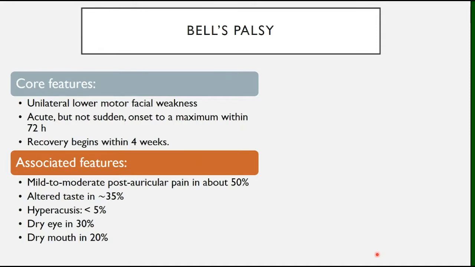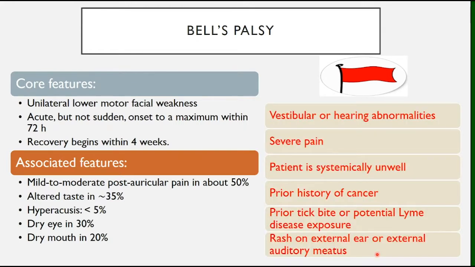So you'll have altered taste, and you can have hyperacusis because of the nerve to the stapedius being affected. And then because of the parasympathetic innervation to the salivary glands and eye, you can get a dry eye and mouth.